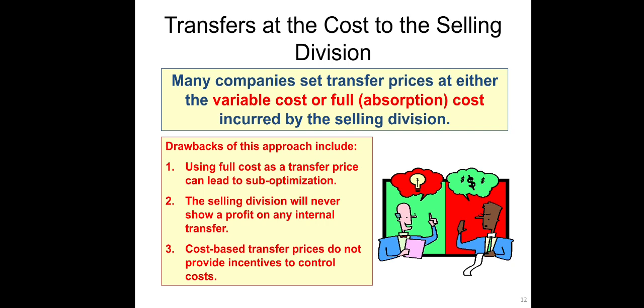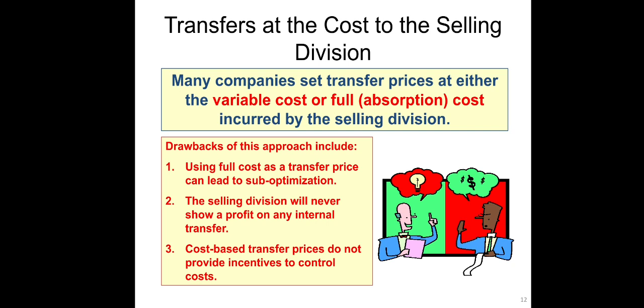Number two, the selling division will never show a profit on any internal transfer. That is the second disadvantage. When the transfer price is set at cost, the selling division will not make any profit. That's not good because it will affect the performance of the selling segment and also of the selling segment's manager.